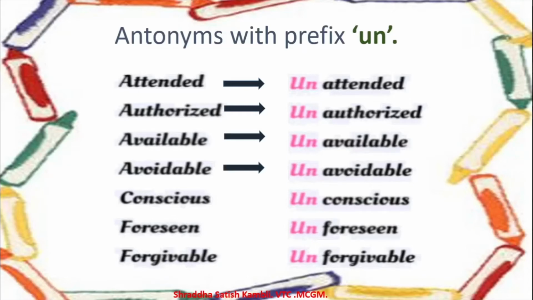Then you have avoidable, unavoidable, conscious, unconscious, foreseen, unforeseen, forgivable, unforgivable. Okay, so we saw many examples here of antonyms with various prefixes. Now let us take a look at the kind of questions or patterns of questions asked.